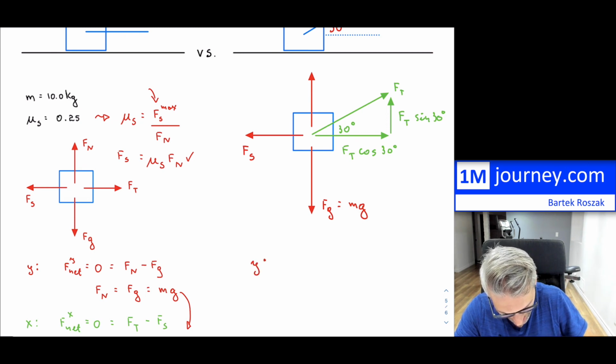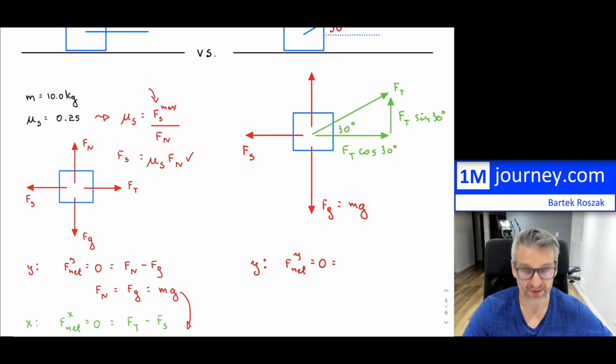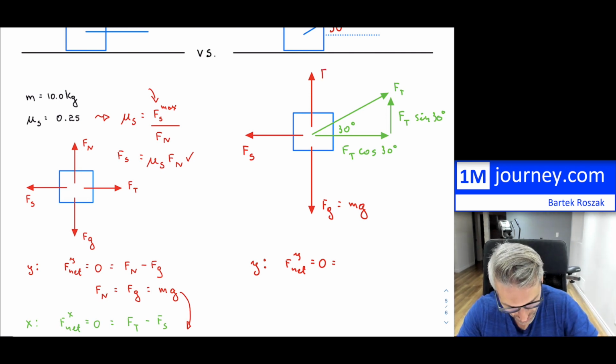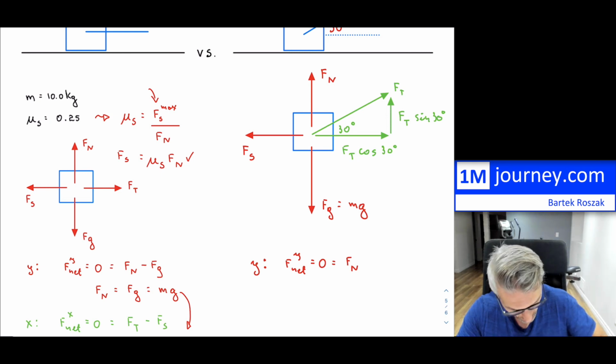So the y component, well, I still have my net force. It's still telling me that it's equal to 0. So that's great. However, now I have different items within here. So notice what we have. We have our force of normal, which we do need, by the way, to figure out what the force of friction will be. We also have this added feature.